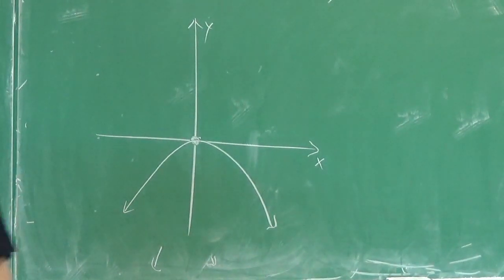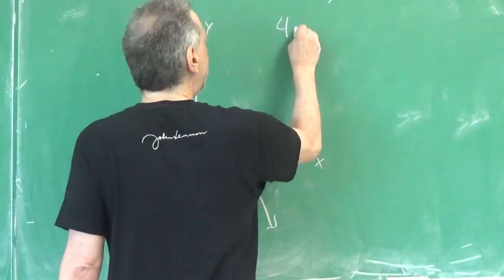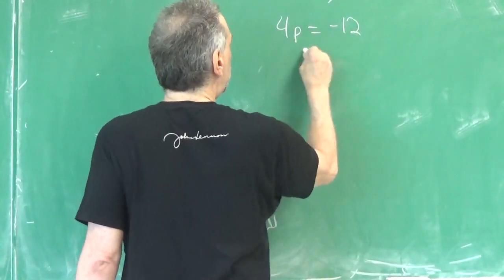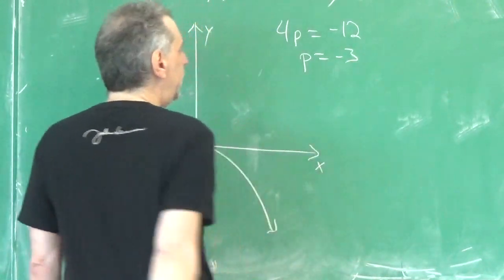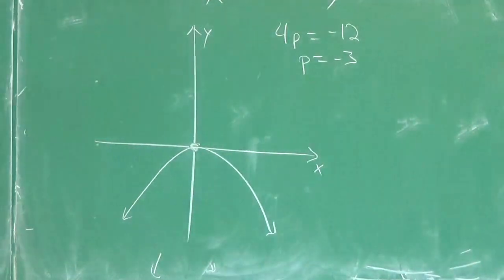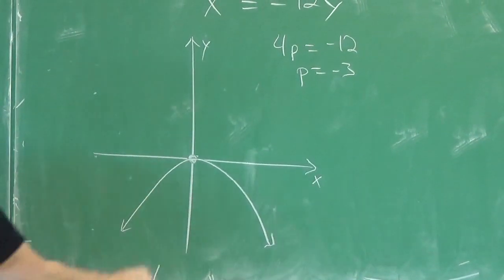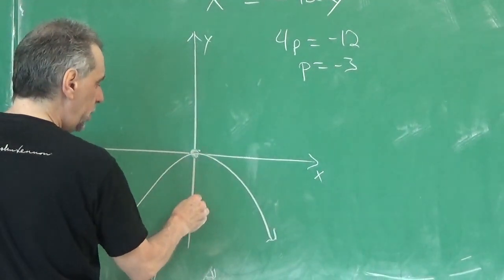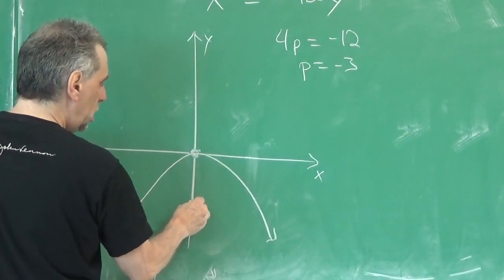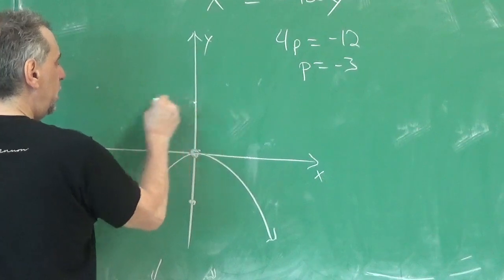So now we want to know what the p-value is. 4p is negative 12, so p is negative 3. So from the vertex, the negative value says you go down 3 units to get the focus, and up 3 units for the directrix.